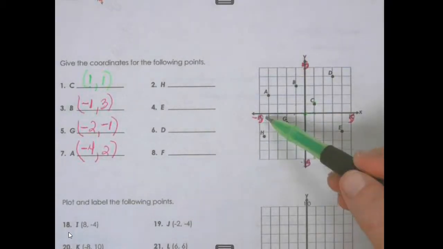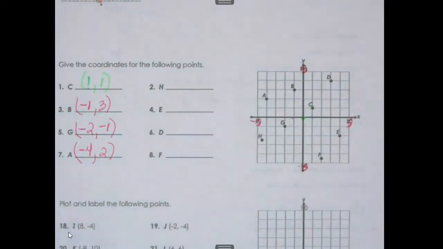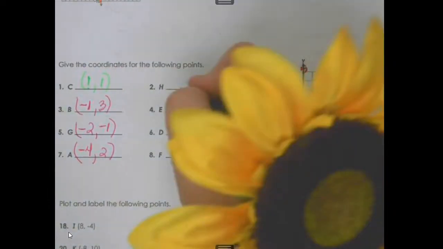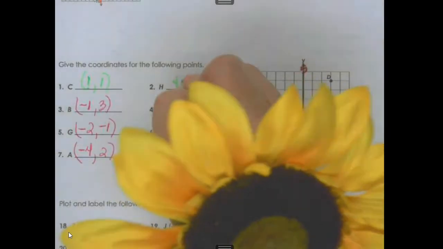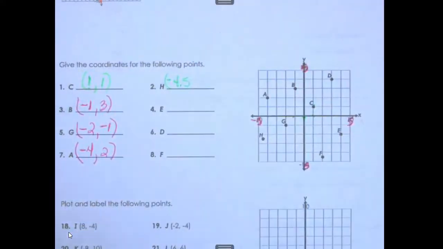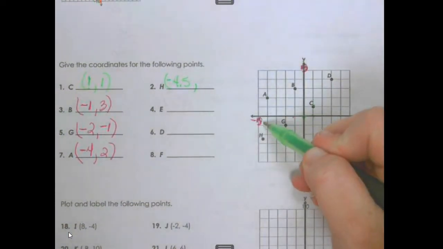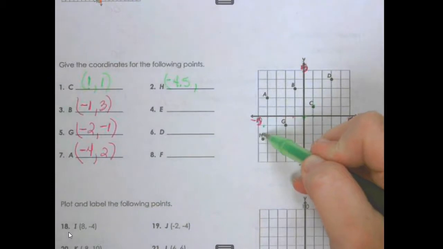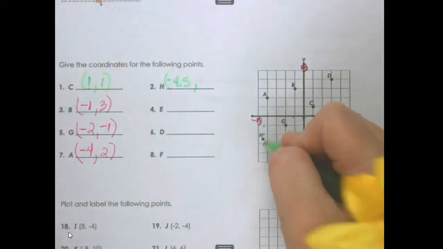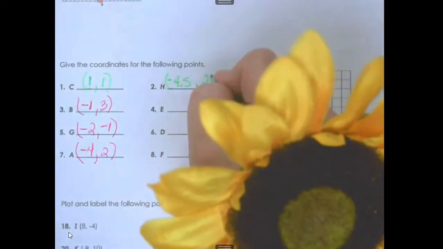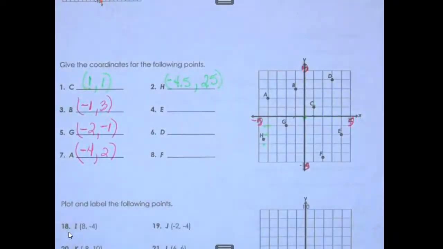It's right in the middle of 4 and 5, so it should be 4.5, -4 and 5/10. And then I'm going to go down 1, 2, no, 2.5, 2 and 5/10.